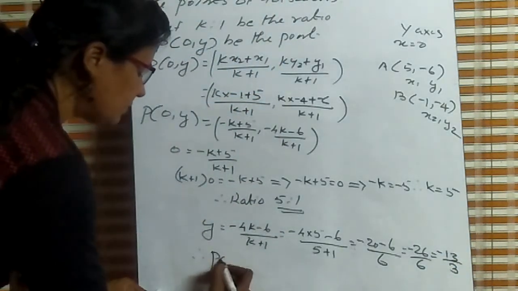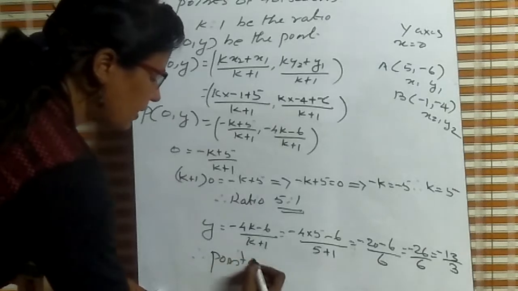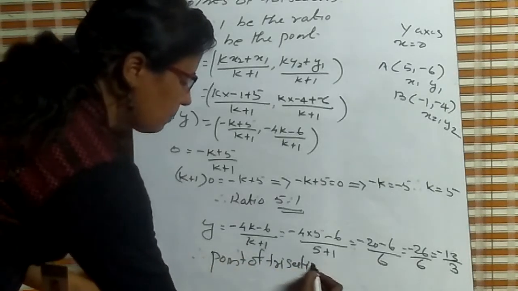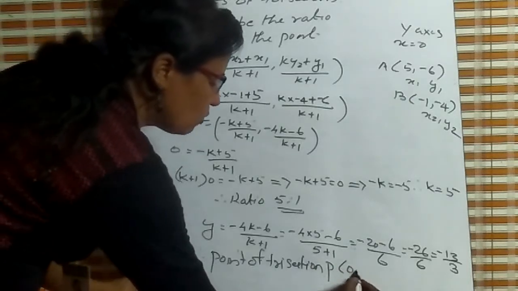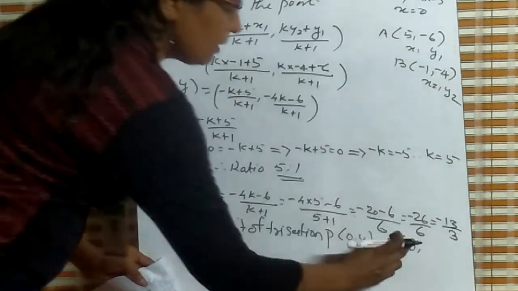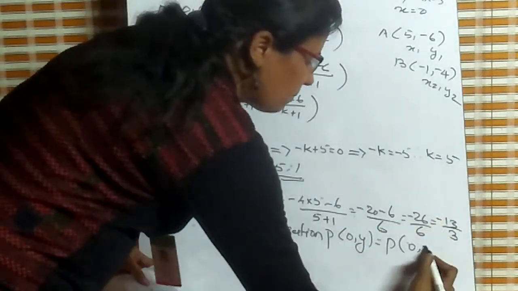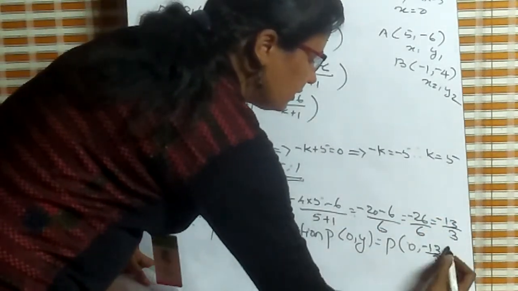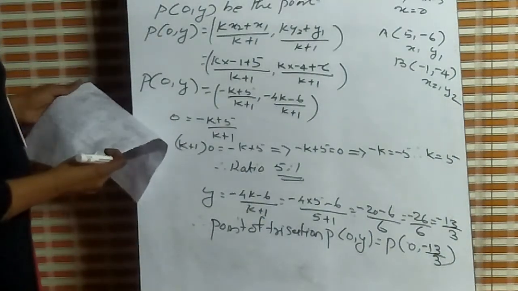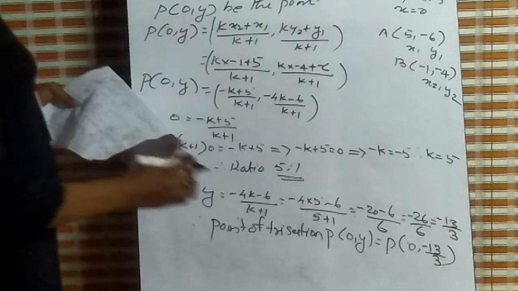Therefore, the point is P(0, y), where y is -13 by 3. The point is (0, -13/3).